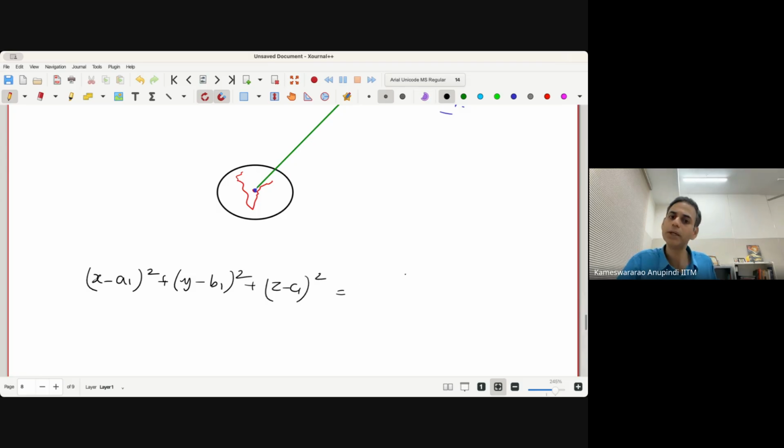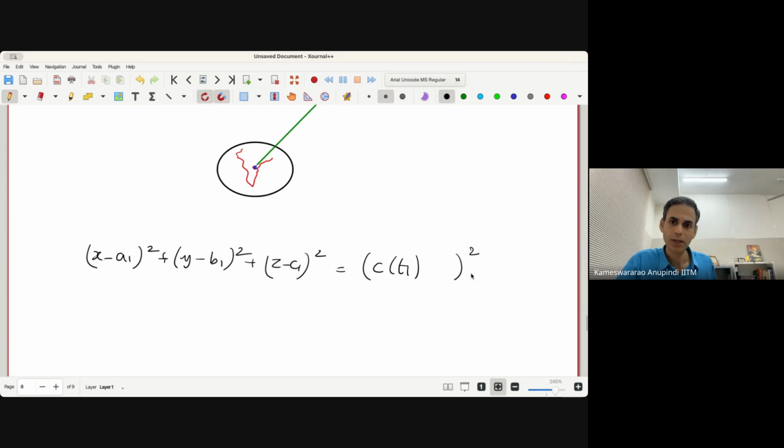So this is going to be the radius squared, because this is going around. Then the distance squared is c times t1 squared. So c times t1 squared is going to be that distance squared, equal to this value.